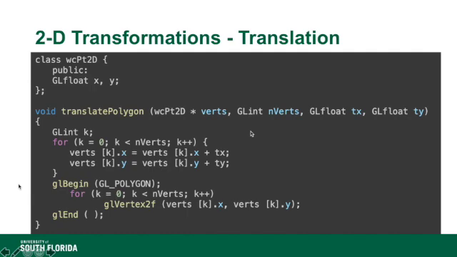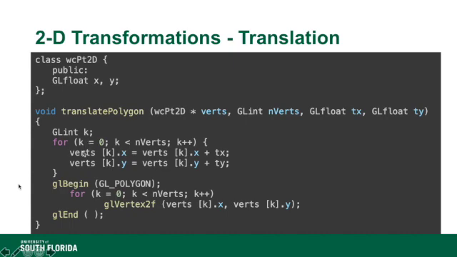The following is the code of a function to perform the translation transformation in 2 dimensions. The function receives a set of vertices, a value for the number of vertices, and the translation in x and the translation in y.